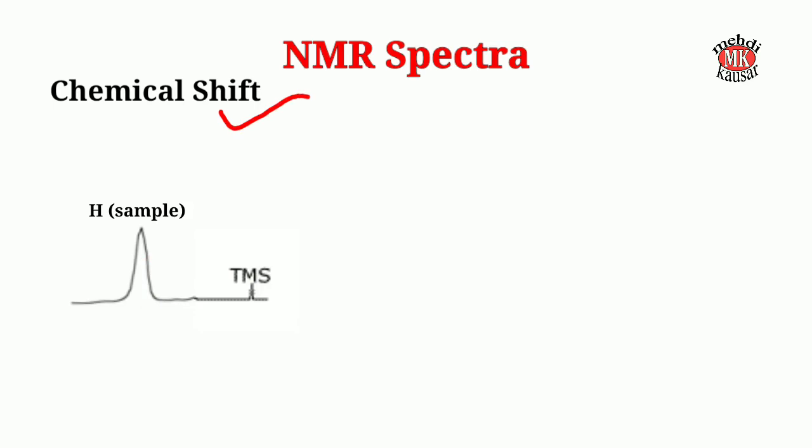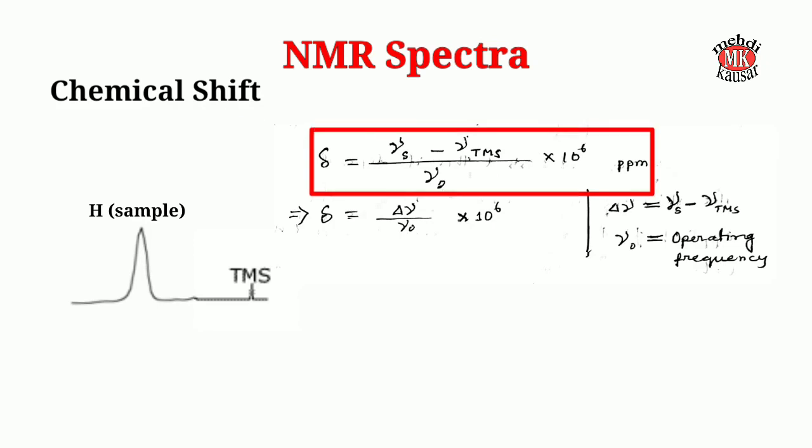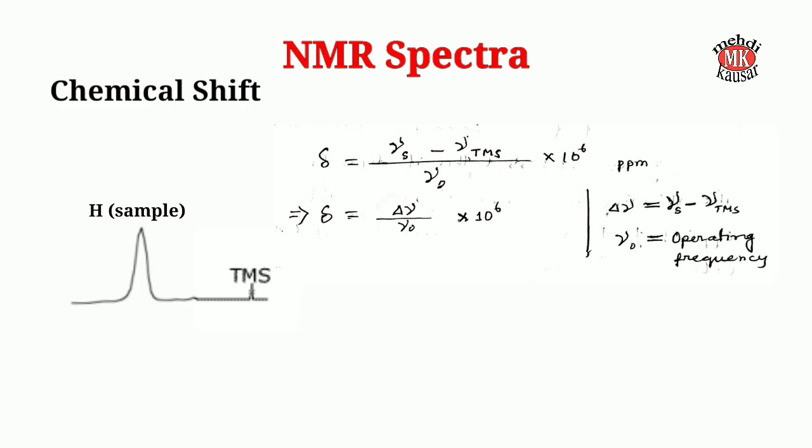It is denoted by the symbol δ, and mathematically it is given by δ = (νs − νTMS)/ν0 × 10^6 ppm, or δ = Δν/ν0 × 10^6, where Δν = νs − νTMS and ν0 is the operating frequency.